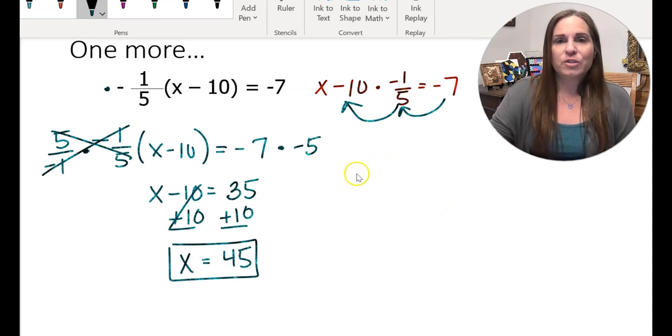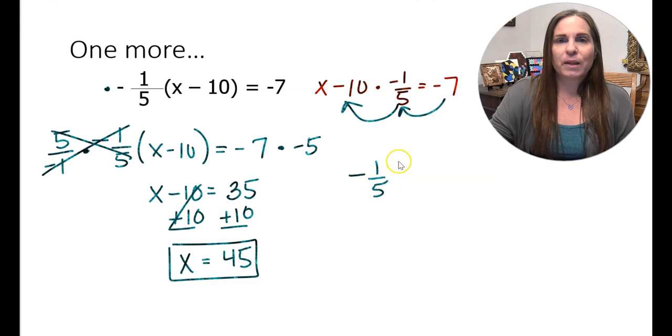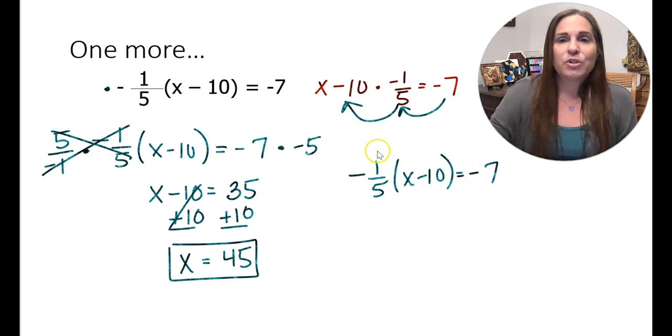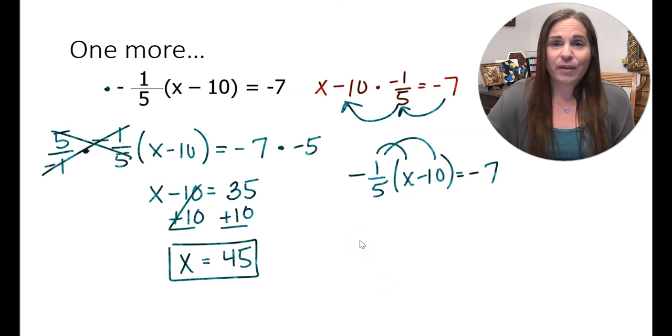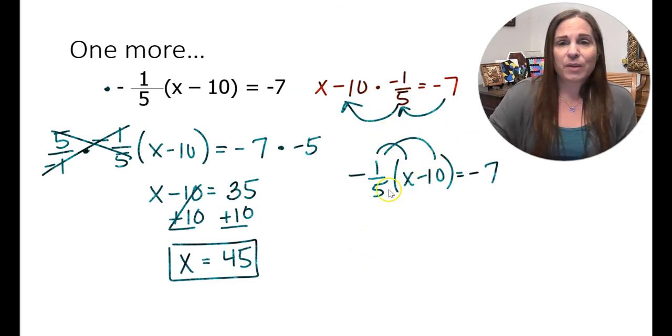If I do that, let's start off with our original problem again. I would distribute this fraction in first to simplify on the left side. So if I do that, I get -1/5 x plus, right, a negative times a negative, plus 2.